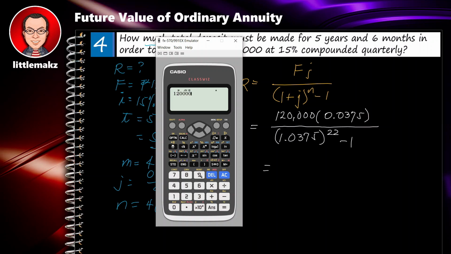120,000 will be multiplied by 0.0375. Then we input the denominator. We have 1.0375 raised to the exponent 22 minus 1, and we get the amount 3,606 and 64 centavos.